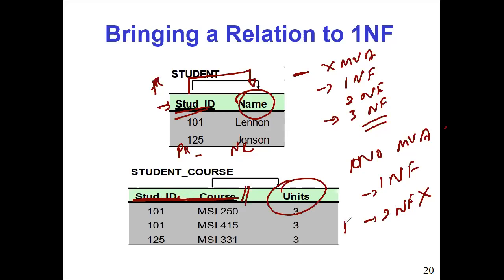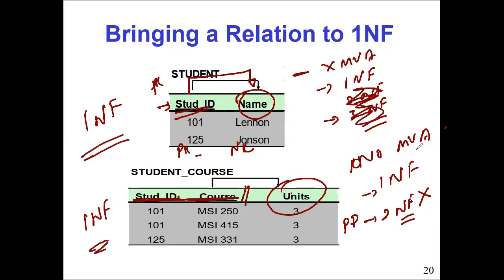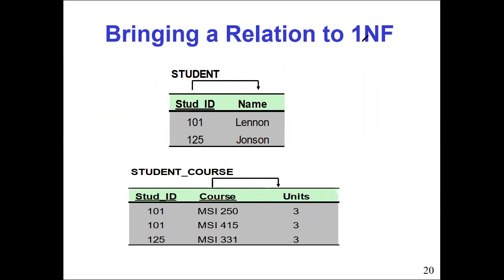So there is a partial dependency, so no 2NF. But this is also 1NF, that is also 1NF.